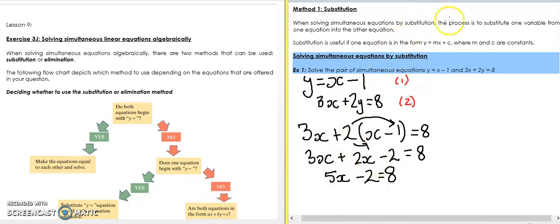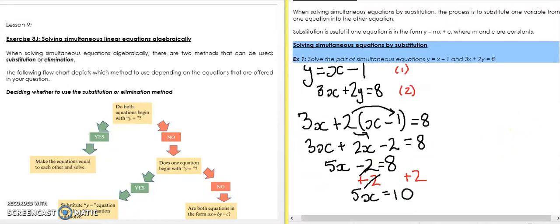So we have a -2, so the opposite of -2, or subtract 2, is +2, so we're going to add 2 to both sides. Cancel, cancel. We're left with just 5x on the left hand side. 8 plus 2 is equal to 10.